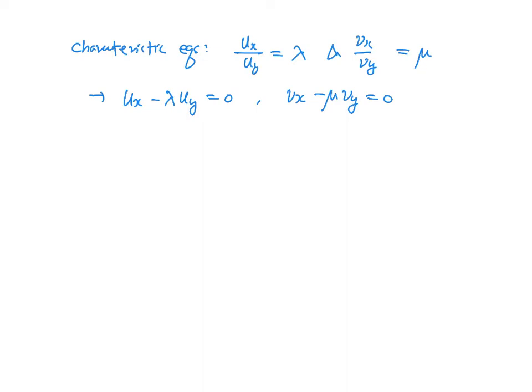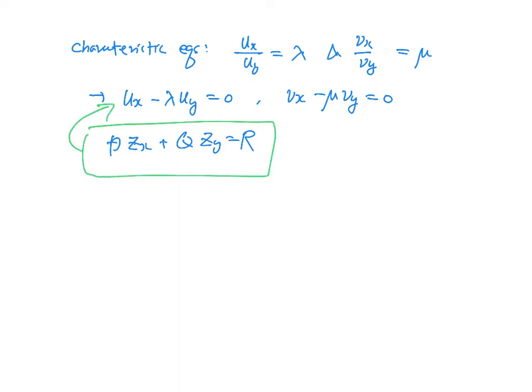So it looks familiar, right? This is like a capital P z_x plus capital Q z_y equals r type of equation. And the solution can be dx over P equals dy over Q equals dz over r, right? But since r is 0, we have only two equations.